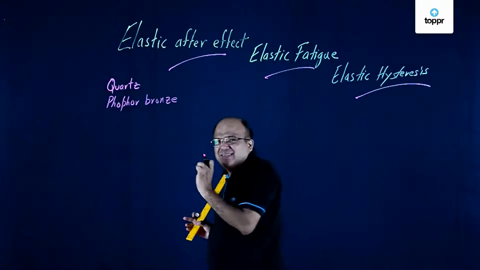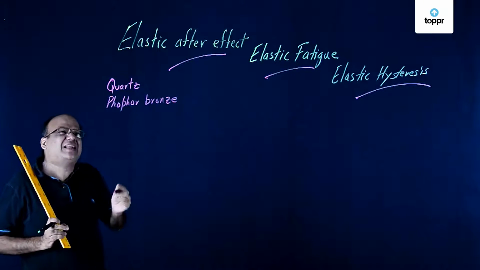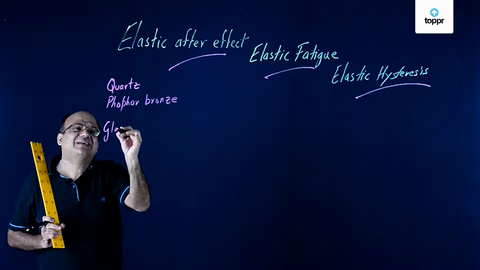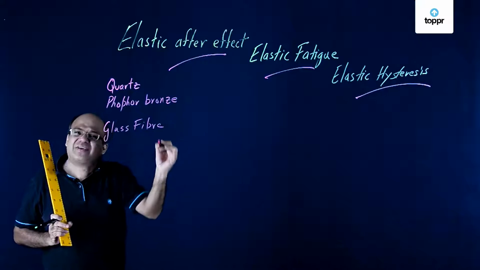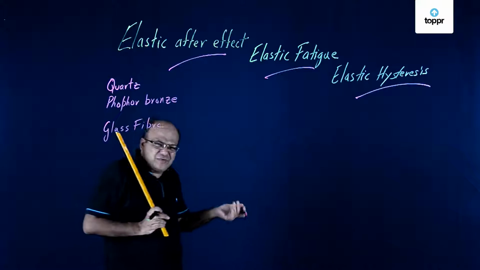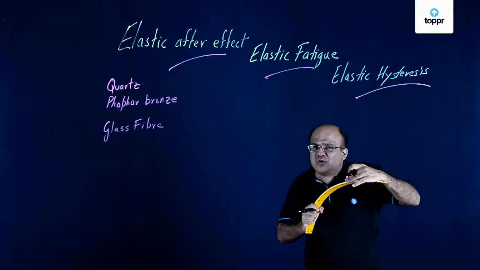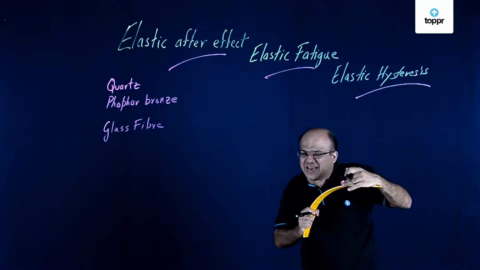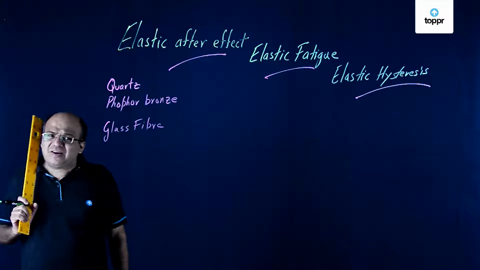So that is, elastic after effect is small. Some things like glass fiber, they have got a very high elastic after effect. Right? If you deform a glass fiber, it takes a lot of time to come back to its original size and shape. So this is elastic after effect.